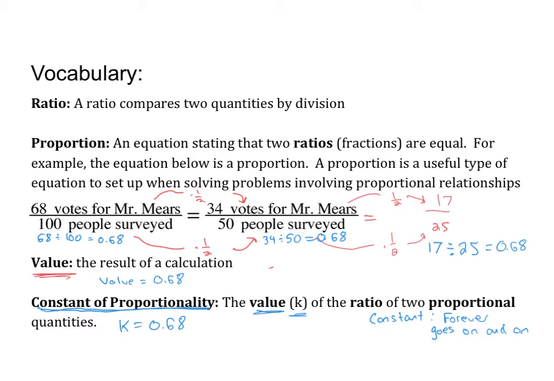So this idea of this k right here, this 0.68, being constant means that all numbers that are in this proportional relationship are going to have a k of 0.68. So every single ratio in this proportion will have a value or a k of 0.68.